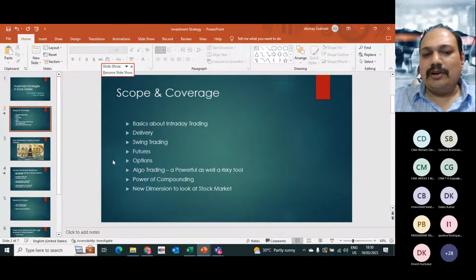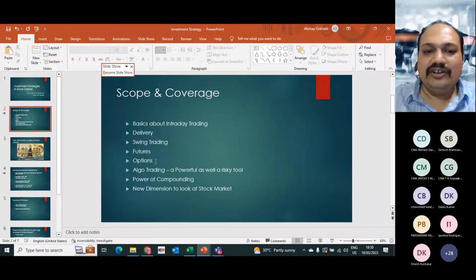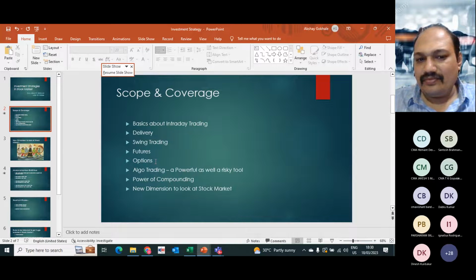So similarly, there is the concept of options. There are two options, call and put. You know that, I think, already. So what is call? What is put? When we predict that Bank Nifty or Nifty or any stock will go up, we buy call.